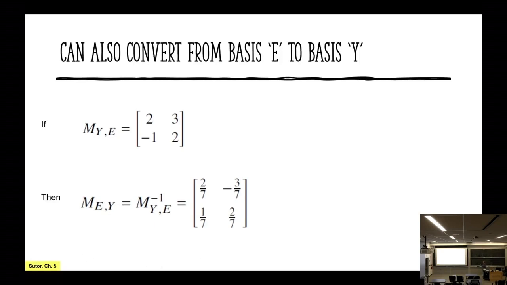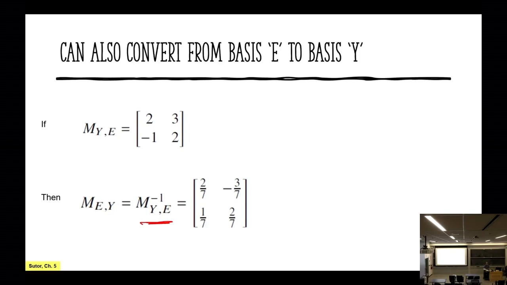All right, so I can also think about the inverse of my change of basis matrix. Instead of going from y to e, if I wanted to go from e to y, I would just take the inverse of the ye matrix.